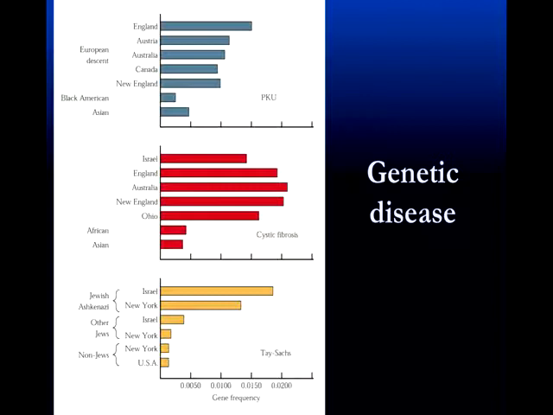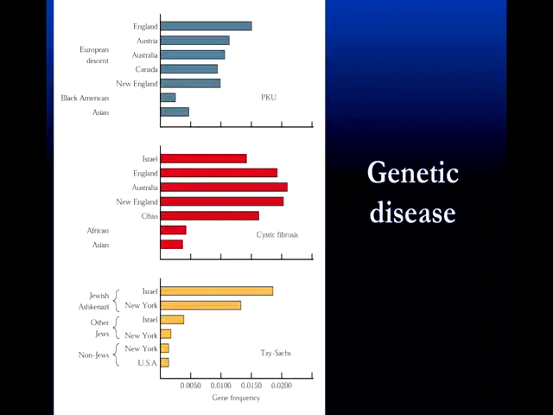This chart shows you a couple of different genetic disorders and diseases, and then some population variations according to frequency. On the top is phenylketonuria, which is a particular cause of what people refer to as a form of mental retardation. It's a genetic disorder. It's autosomal recessive.